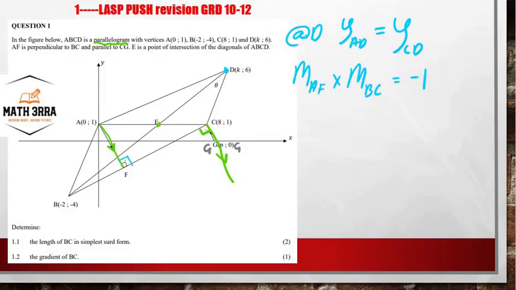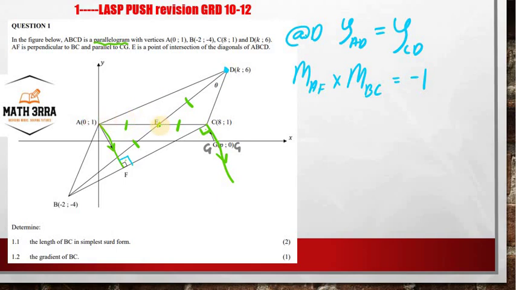Coming back to our scenario, we are still building the narrative. Narrative building is very important. So now that we know that the diagonals of a parallelogram bisect one another, this means that EB is equal to ED, which is also equal to what?